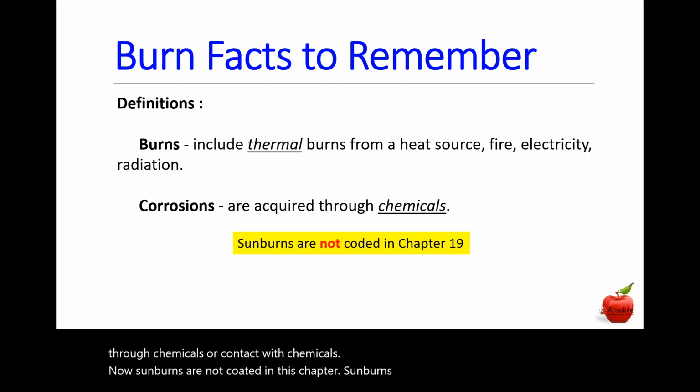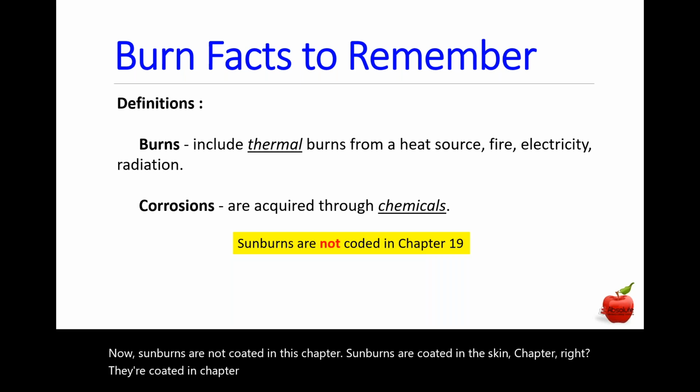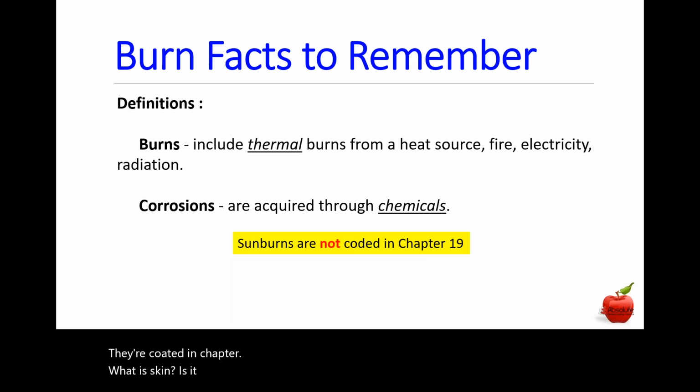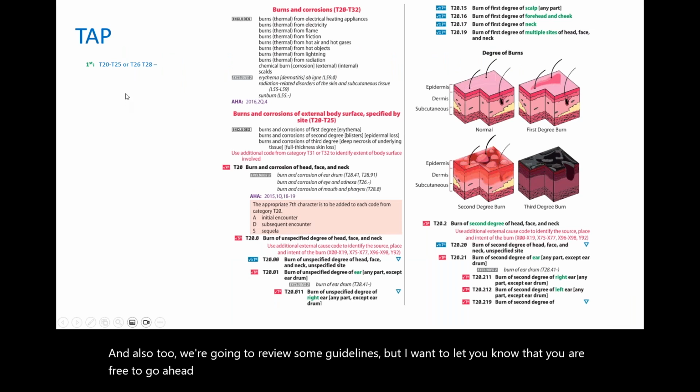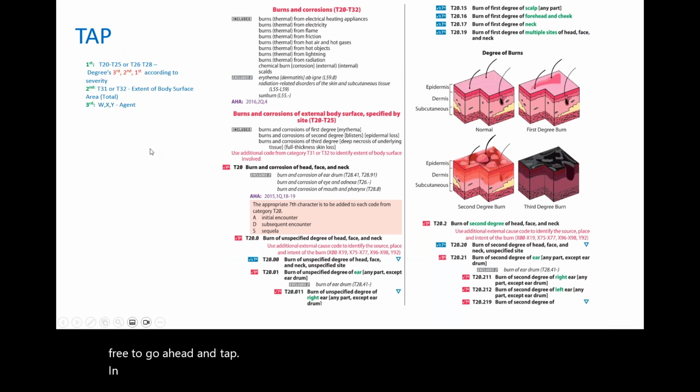Sunburns are coded in the skin chapter, right? What is skin? Is it 12? I'm not sure, but not here. And also, we're going to review some guidelines, but I want to let you know that you are free to go ahead and tap in your tabular list.